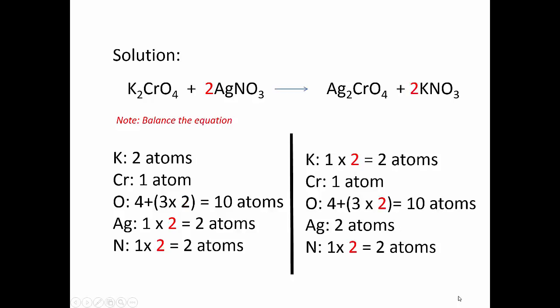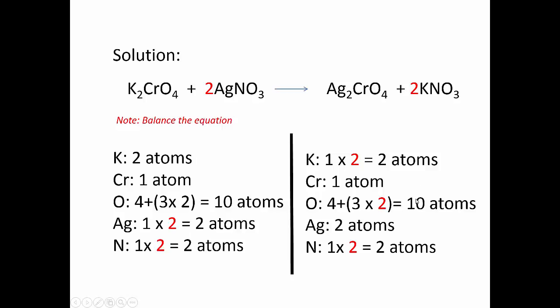So, the next step is we write a coefficient of 2 here in KNO3 so that potassium will become 1 times 2 equals 2 atoms. Nitrogen will become 1 times 2, which is equal to 2 atoms. And oxygen will become 3 times 2, which is 6, plus 4, which is equal to 10 atoms.